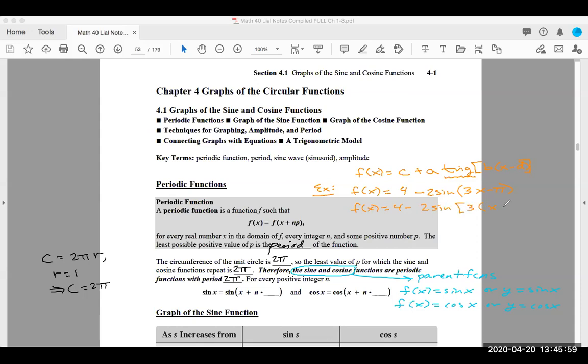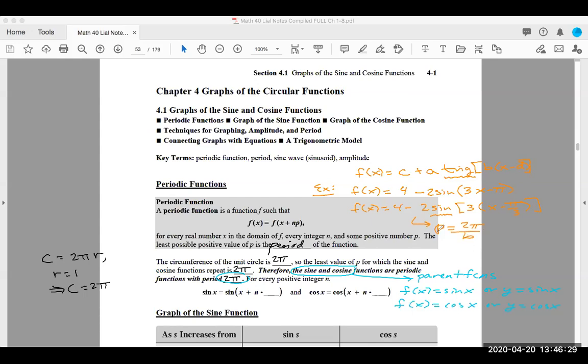I'll get into all this later. So this is still a sine function, but it's going to be shifted in all kinds of ways, which we'll talk about soon. So when we see the period for our parent functions being 2 pi, for our later functions, the period is actually going to be 2 pi over b.